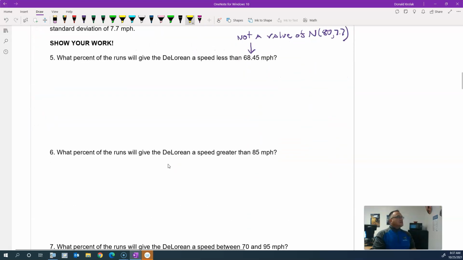Okay. So first of all, let's make a sketch of what we got here. So we're going to draw our graph. This is 80.